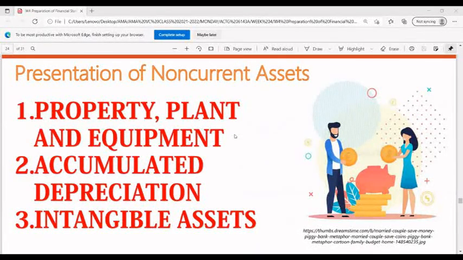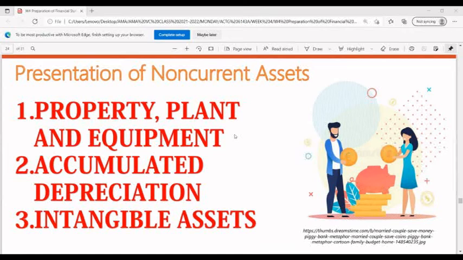Again, class, intangible assets. I know I have discussed this in the other subjects that you have. Intangible assets are assets that cannot be touched, cannot be seen, and are costly, sometimes costing millions. It is an intellectual idea like a copyright, patent, franchise, or recipes.